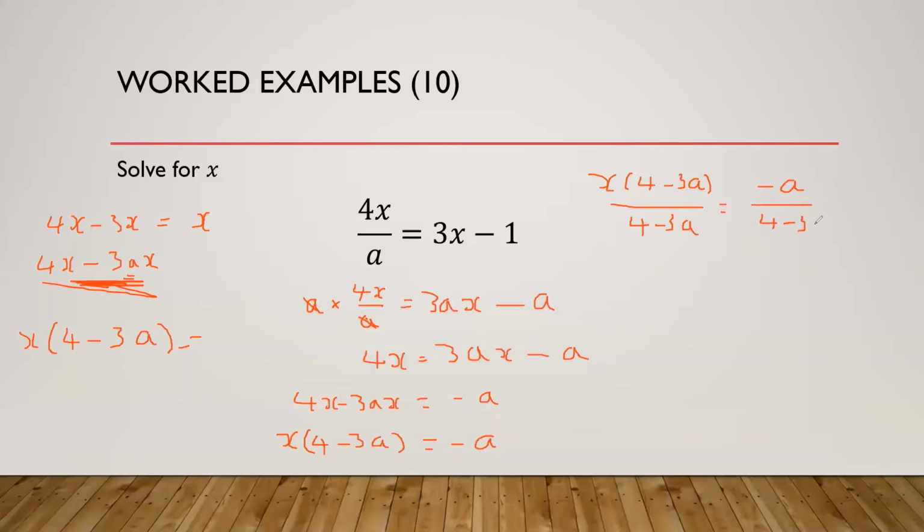Remember, if I do something to one side, I've got to do the same to the other side. So 4 minus 3A and 4 minus 3A cancel out, because this is a multiplication. I haven't written it because we've got brackets there. These two will cancel out, leaving x on its own. And the solution is x is equal to minus A over 4 minus 3A. That is the solution to our equation.